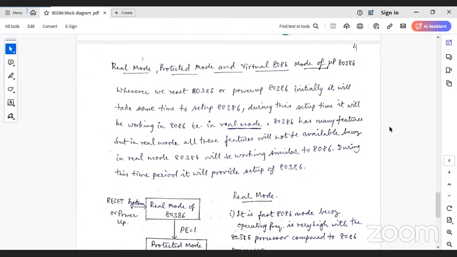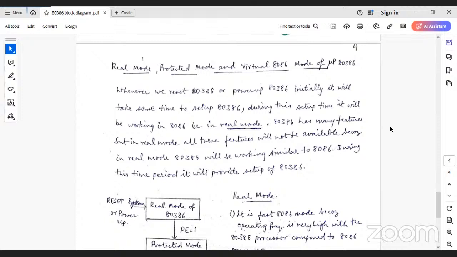We say the processor is booting. Initially it will be in the 8086 mode and it takes some time when it boots up. You can also call it the setup time of the processor. After coming out of that setup time, it will be perfectly in your 386 mode.